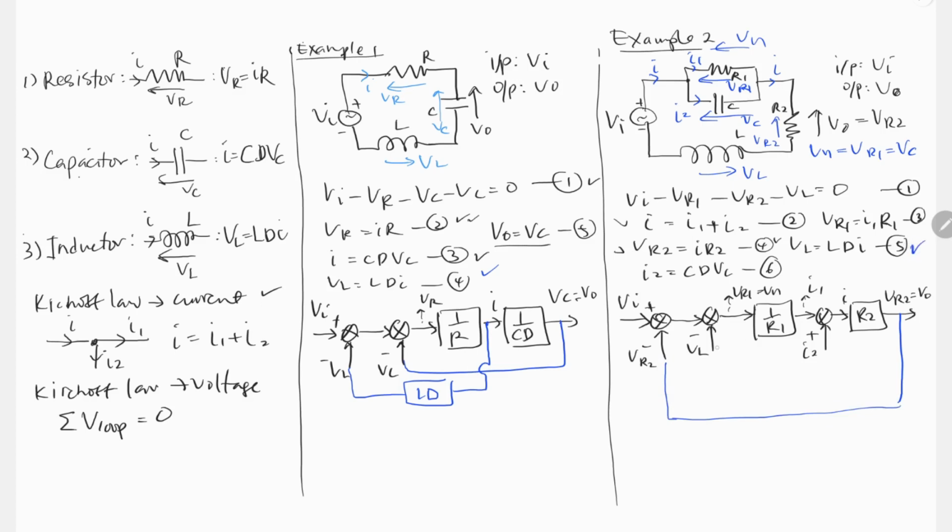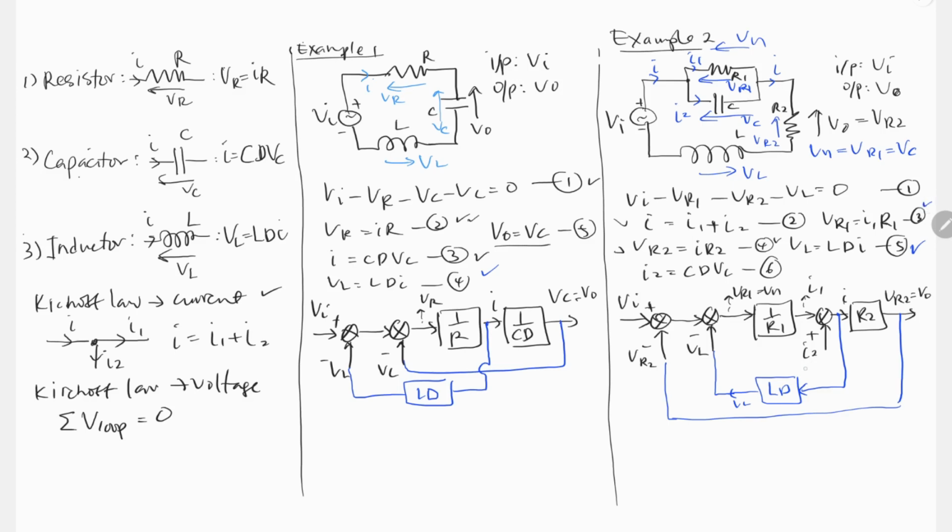VL equals L dI, so you find I and then multiply with L d. So this is I, multiplied with L d, and the output should be VL. We mark this one as already used, and 3 is also already used.